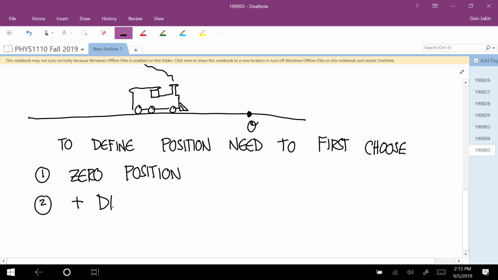So if we choose a 0 position and a positive direction, let's say this is what we're going to call positive.